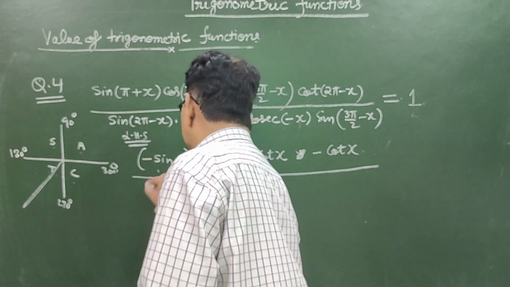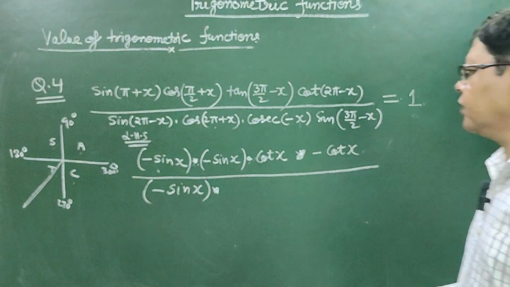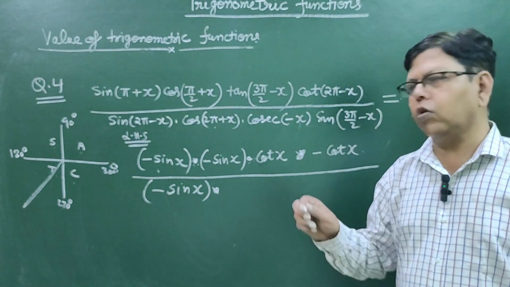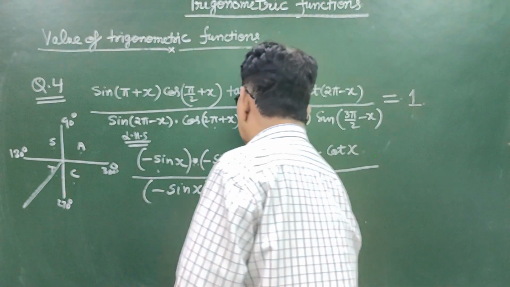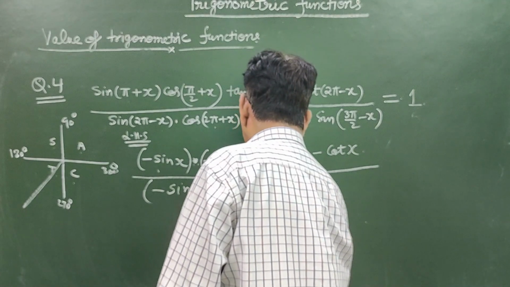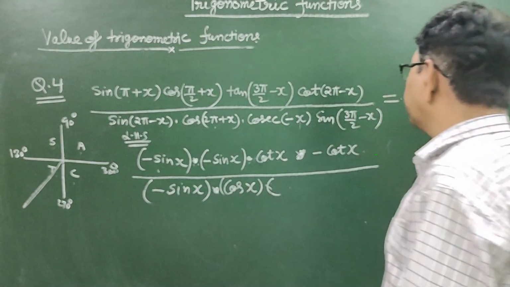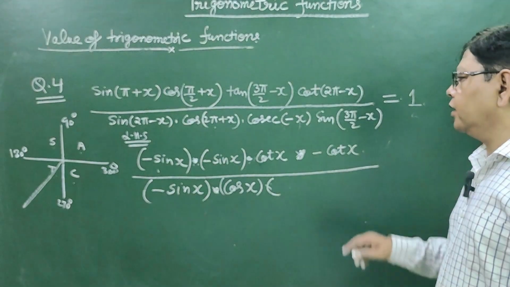Into cos(2π + x). Cos(2nπ + θ) is equal to cos θ. So this is equal to cos x, into cosec(−x).